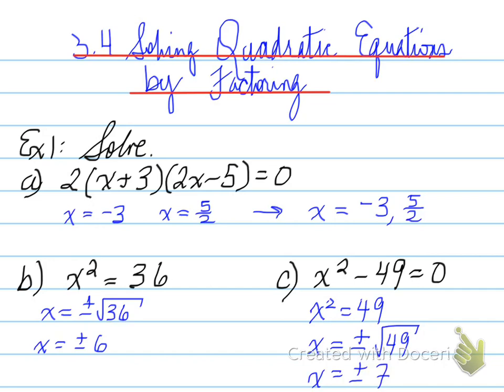Now, that's one way of approaching this question. Another way is you could have factored the left side, x minus 7 times x plus 7 equals 0, and you would find the solutions for x. Those solutions would be the same solutions that we have in blue.